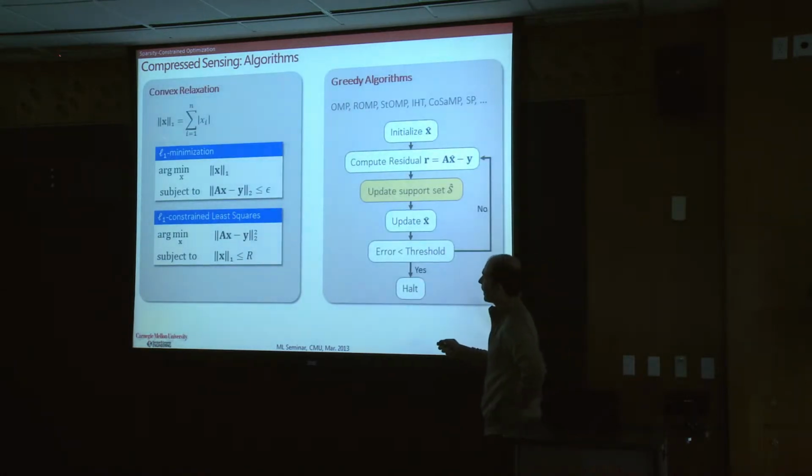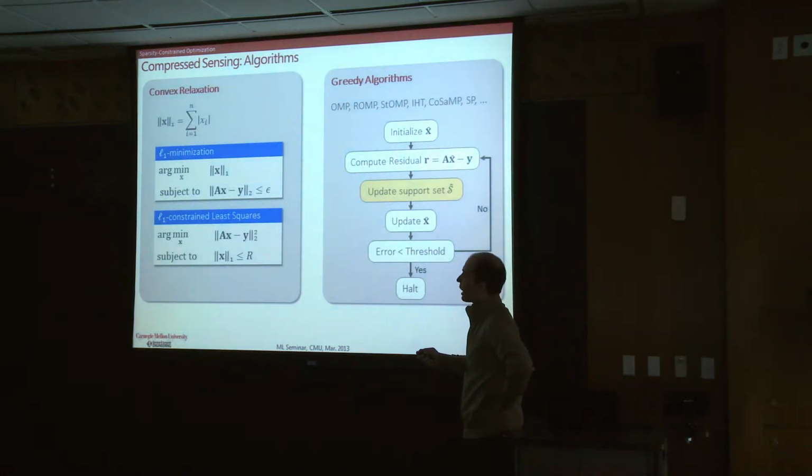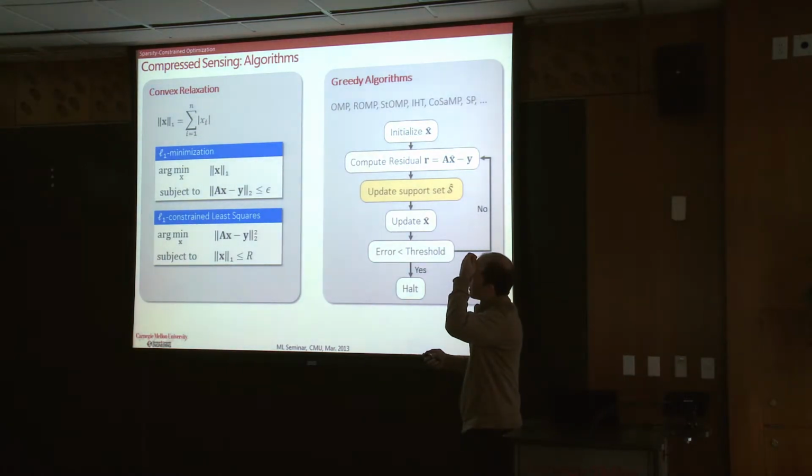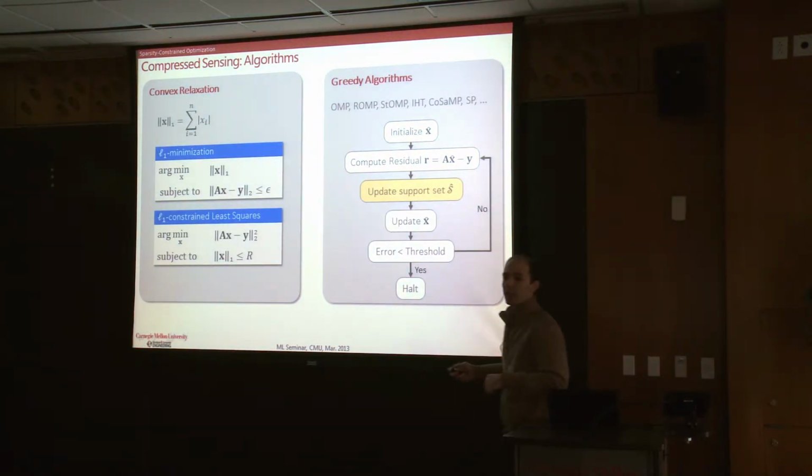For convex relaxation, we use the L1 norm, which is the best convex approximation of the L0 norm, as a proxy for sparsity. So instead of solving the L0 minimization, we solve the L1 minimization, and instead of the L0 constrained least squares, we solve the L1 constrained least squares.